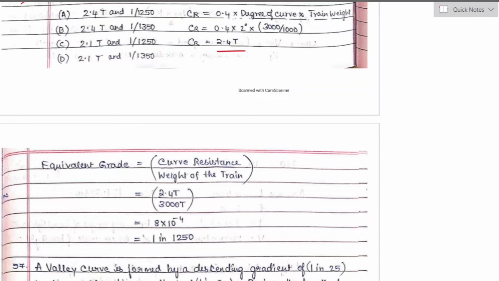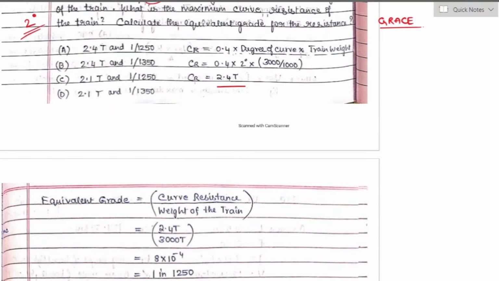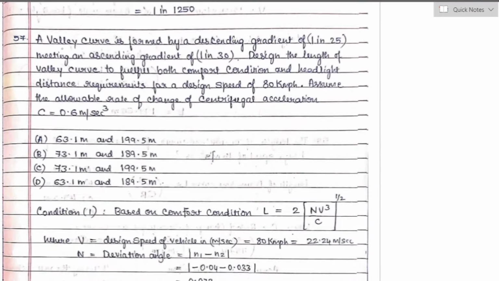So 2.4 tons divided by the weight of the train, given as 3000 tons. So the equivalent grade will be 1 in 1250. So the correct answer is option A. 2.4 tons is the curve resistance and its equivalent grade is 1 in 1250. So option A is the right answer.